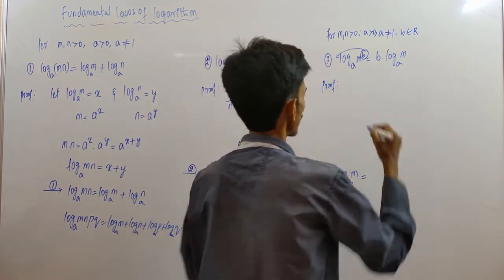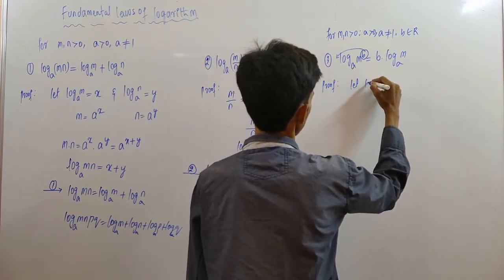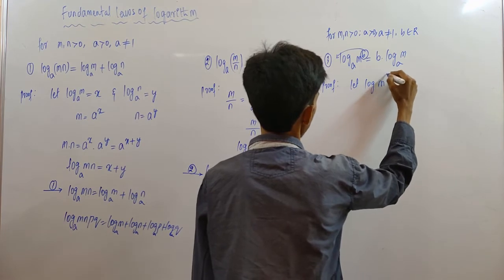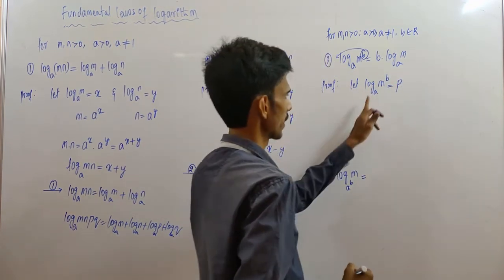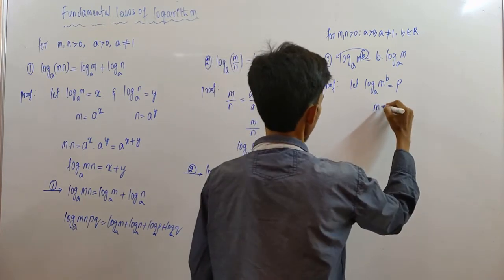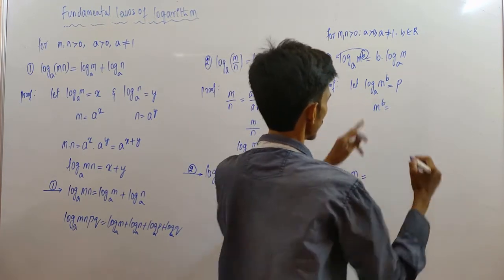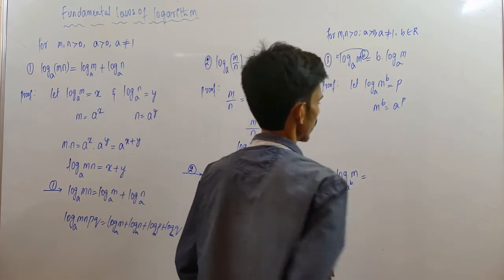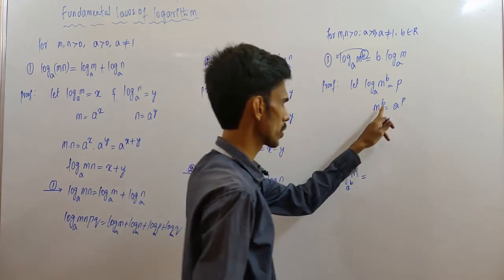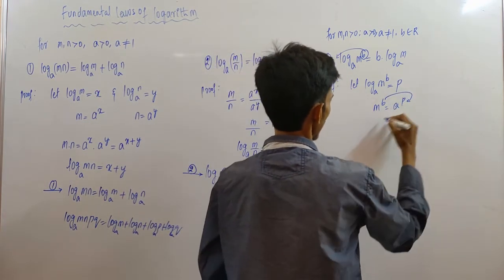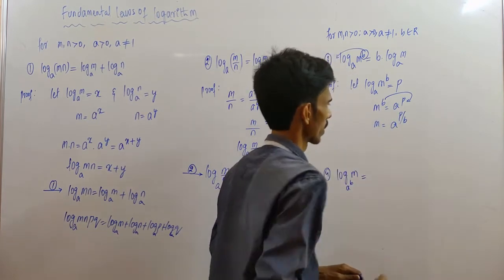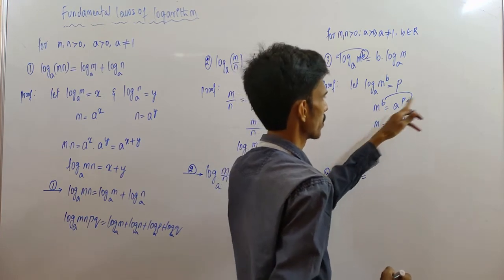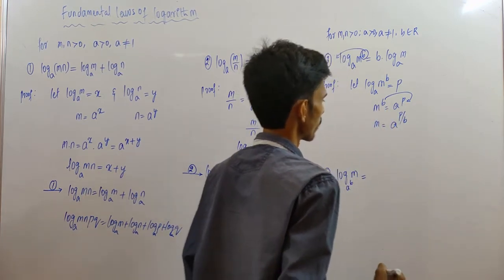Let us suppose this value as p. Log m power b, base a value is p. Now send this log a to that side. Here we have m power b is equal to a power p. Right? Now send this b here. It will become m is equal to a power p divided by b, that is a power p by b.